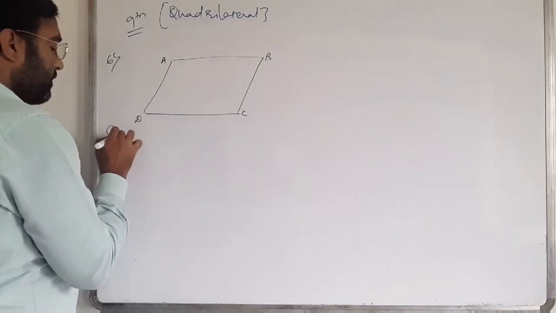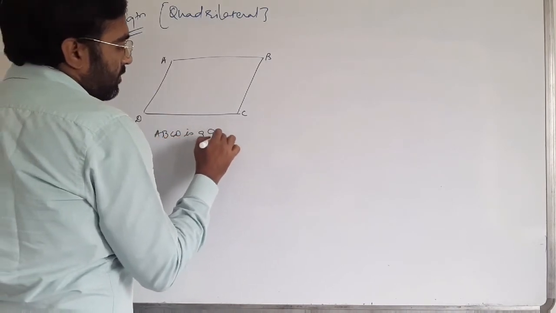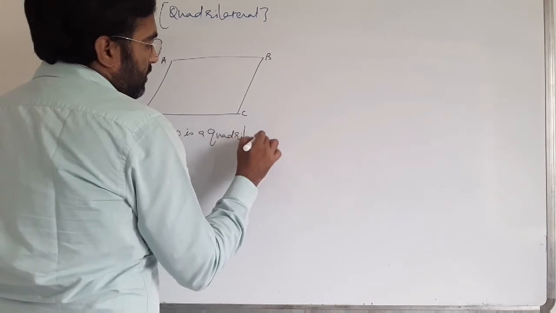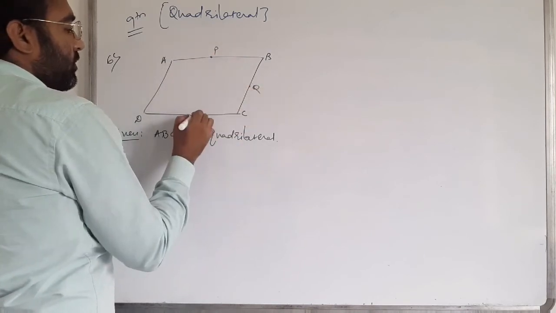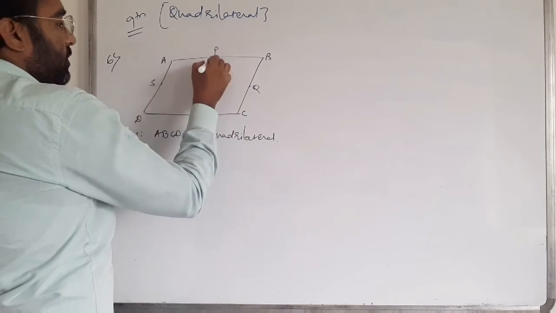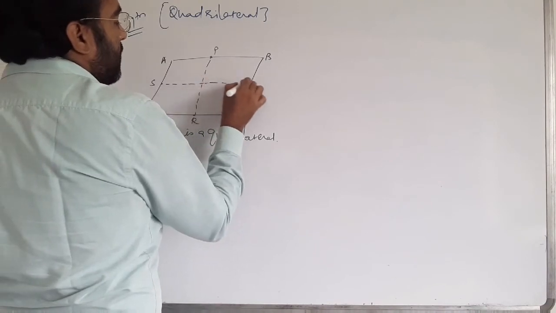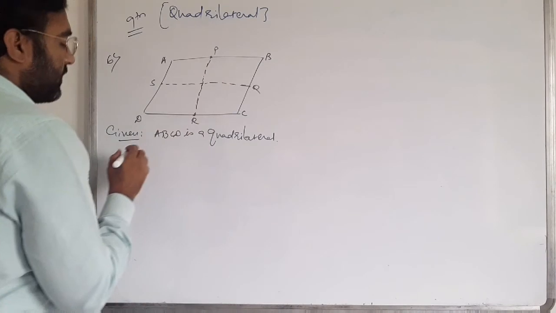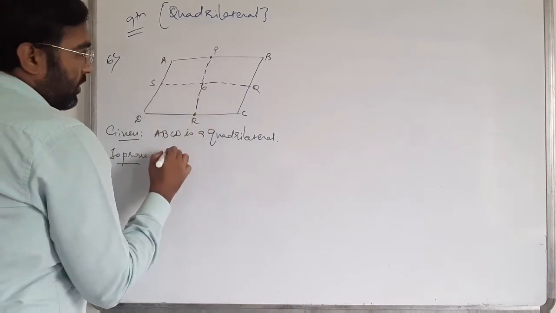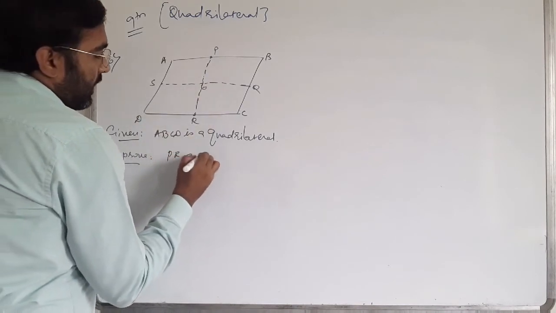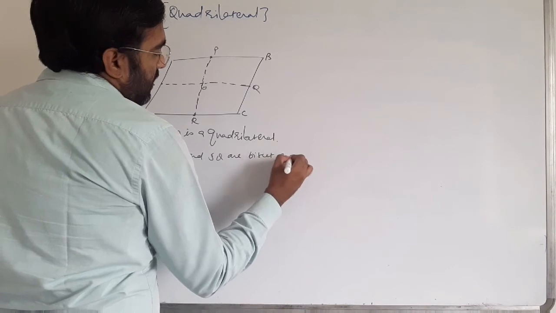ABCD is a quadrilateral. To prove that PR and SQ bisect each other.